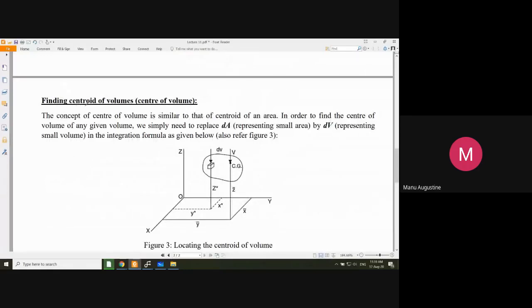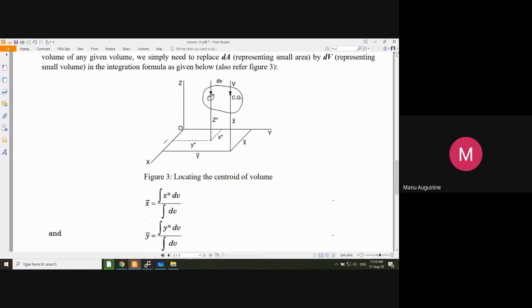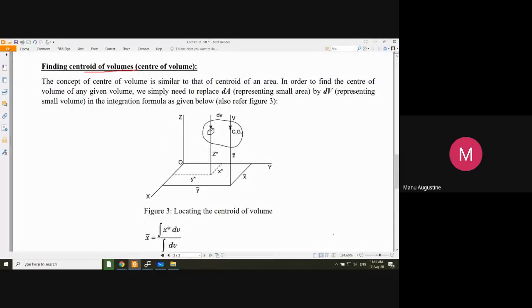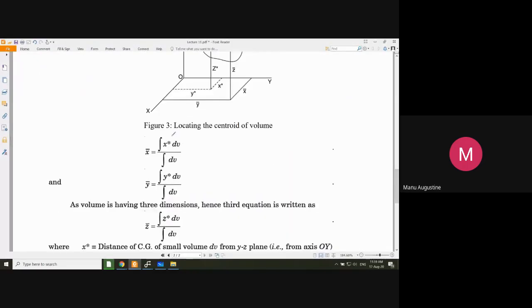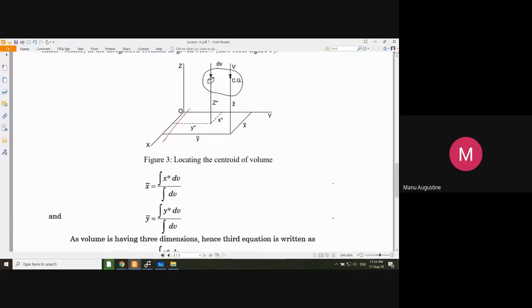And finding the centroid of volumes is exactly the same as finding the centroid of flat areas. The only difference being we are talking about a volume. So in your formulae, the first change is that since every volume is three-dimensional, we have x direction, y direction, and z direction.